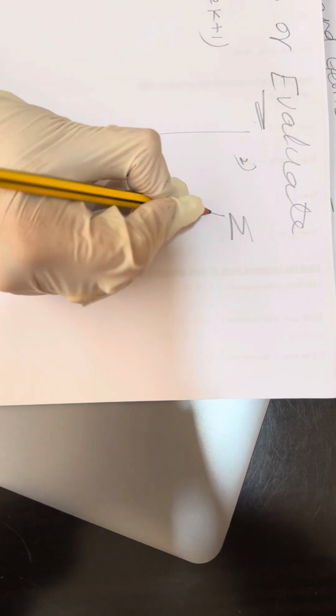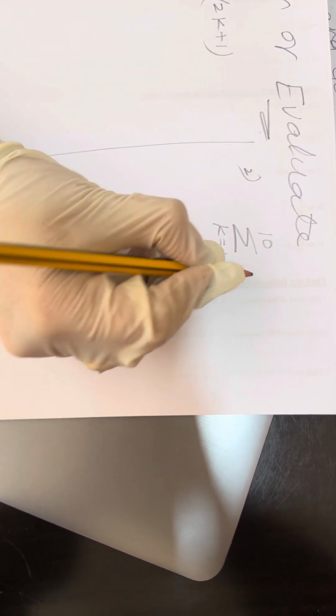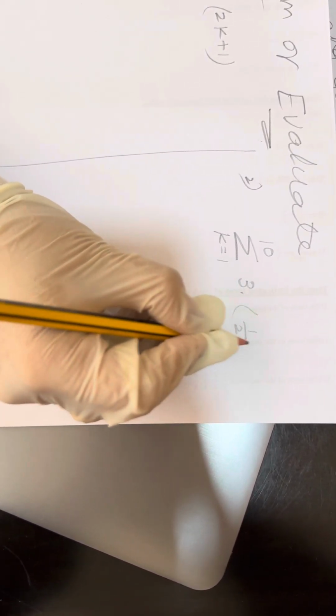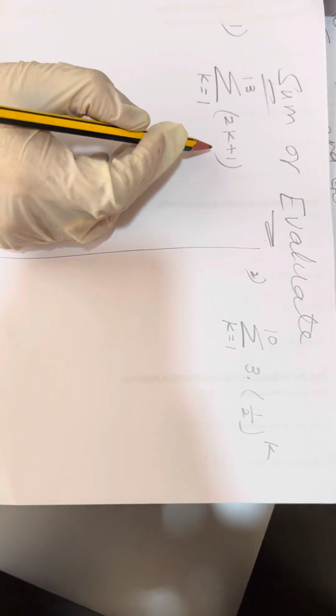In another question they give you sigma k equals 1 to, let's suppose 10, and here is 3 times (1 over 2) raised to the power k. The question is, they can say find the sum, or they can say evaluate. Now here they did not say that this is geometric or arithmetic.